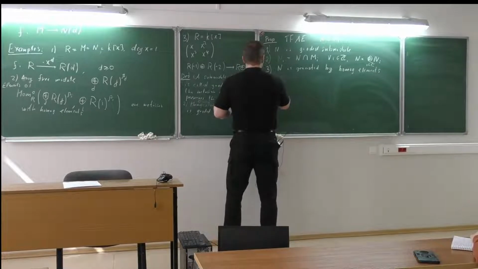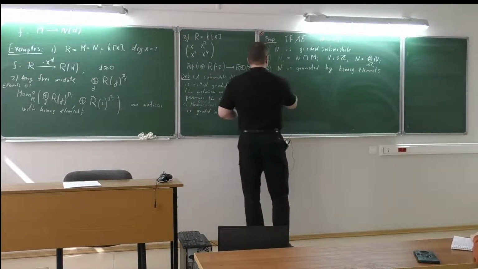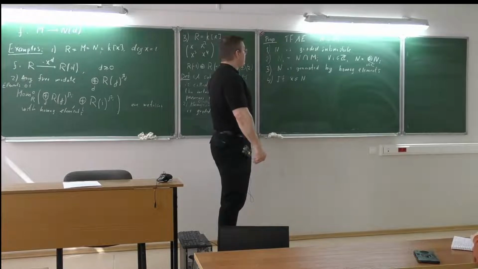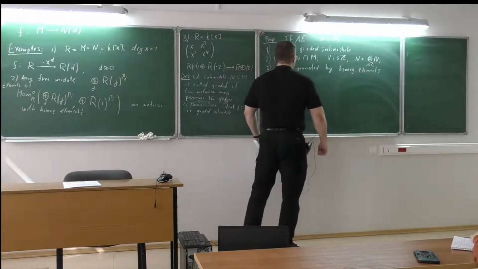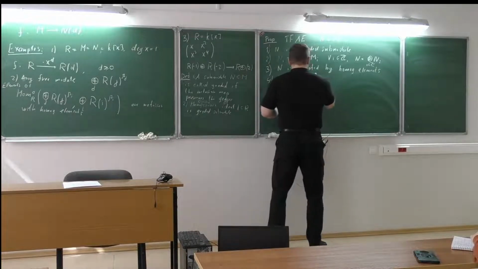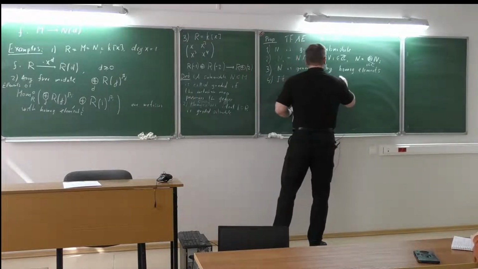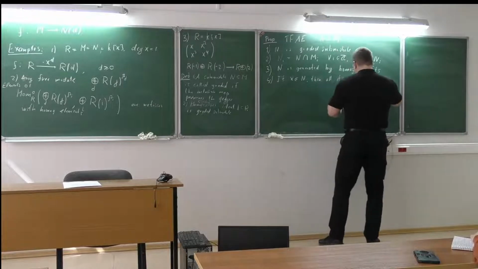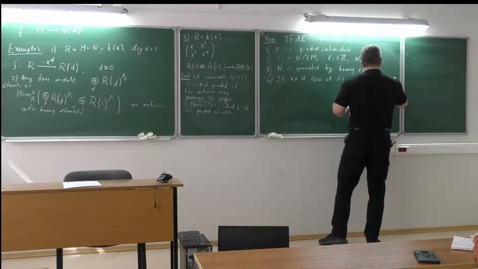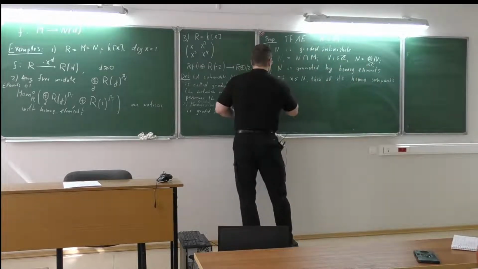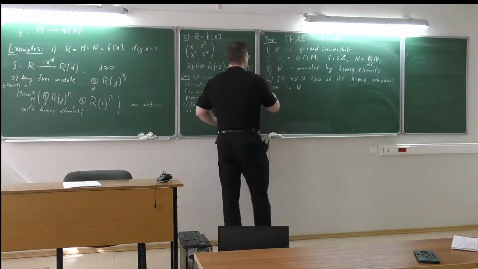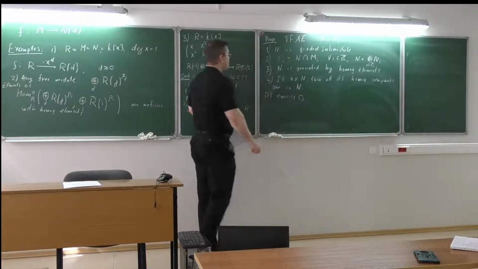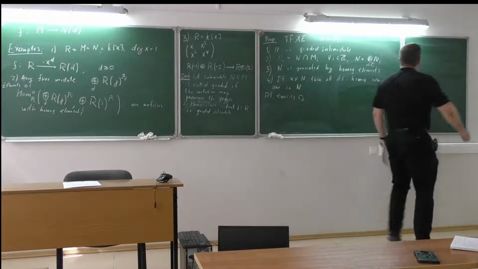And condition 4: if we have an element x in N, I can consider this element as an element in M. As an element in M, it has homogeneous components, and all its homogeneous components are supposed to be in N. So the proof is an exercise. But we can illustrate this with some examples.